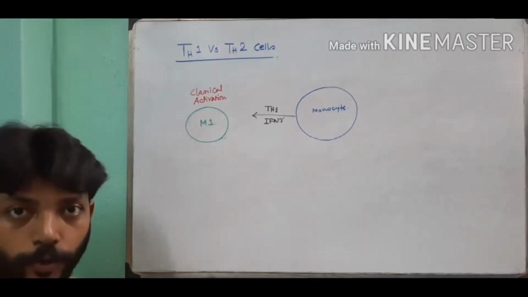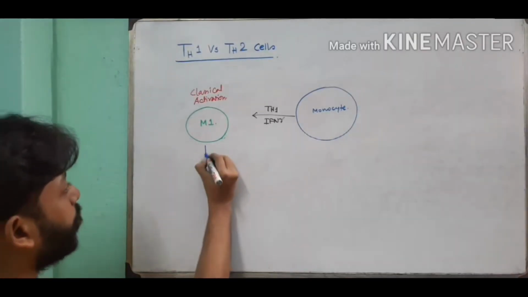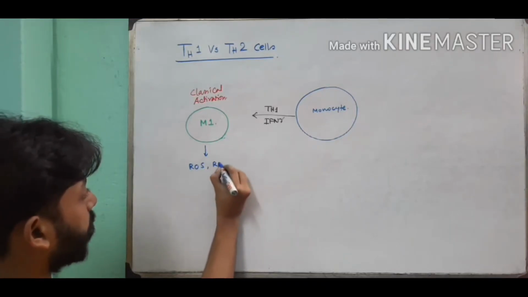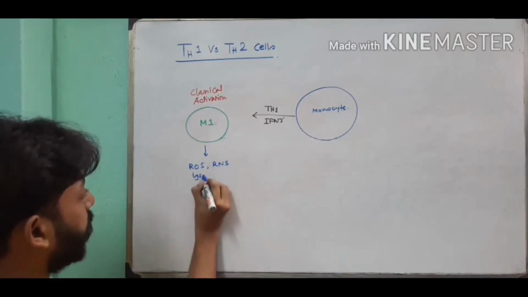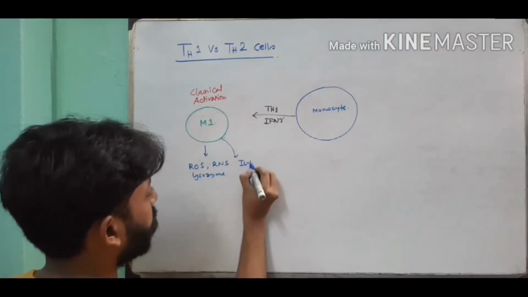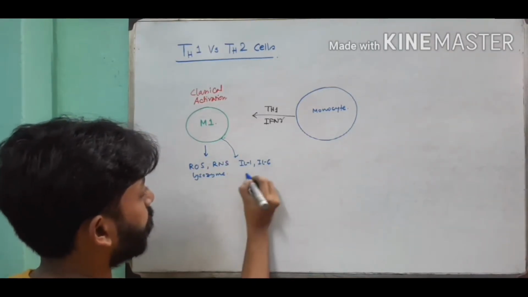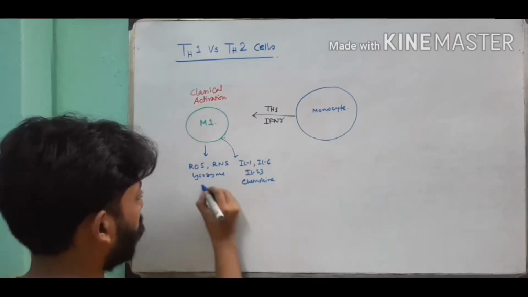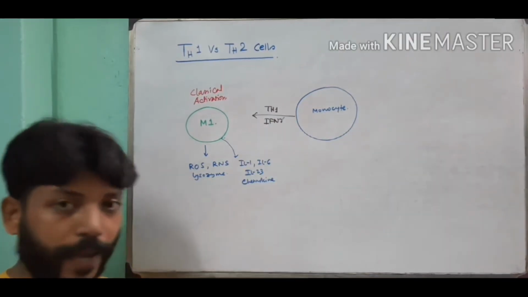This M1 macrophage induces ROS production, reactive oxygen species, reactive nitrogen species, some lysozyme enzyme and some cytokines like IL-1, IL-6, IL-23 and chemokines.